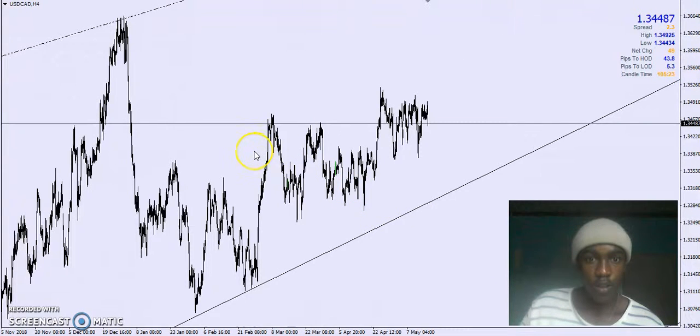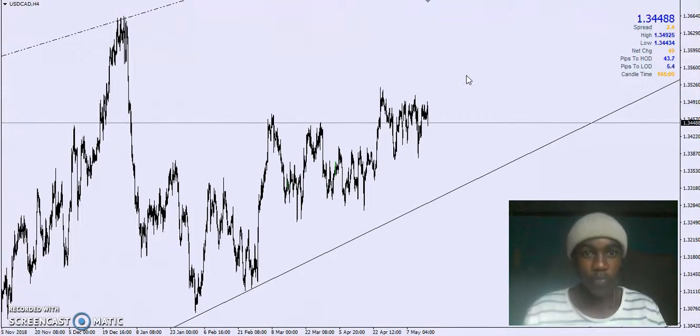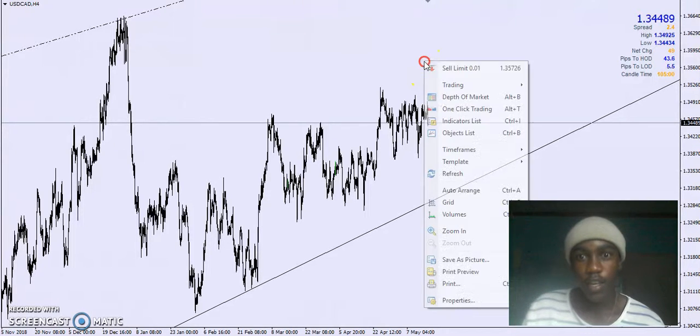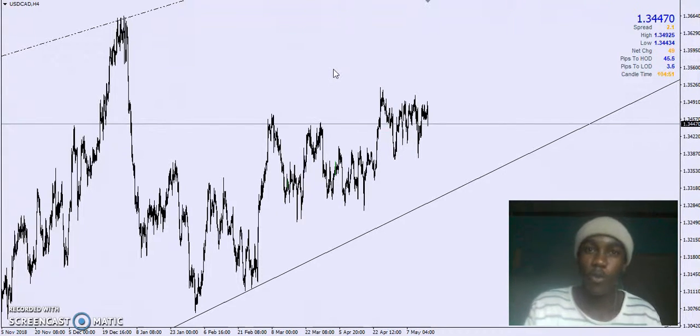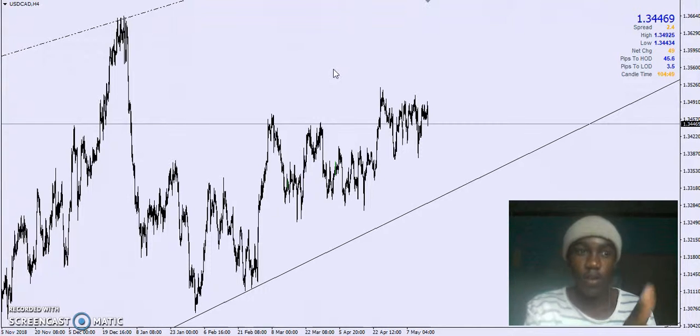Okay, right. Let me add the dynamic resistance over here, because there seems to be another ascending channel here. So there's an ascending channel within an ascending channel, but on a smaller time frame, the 4 hour.